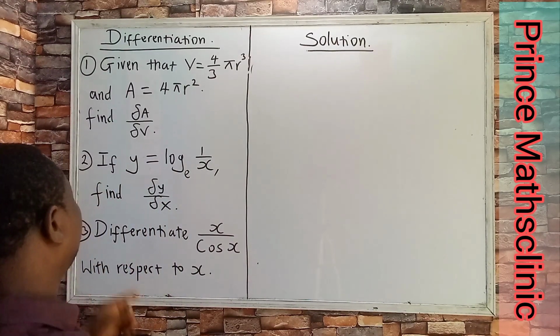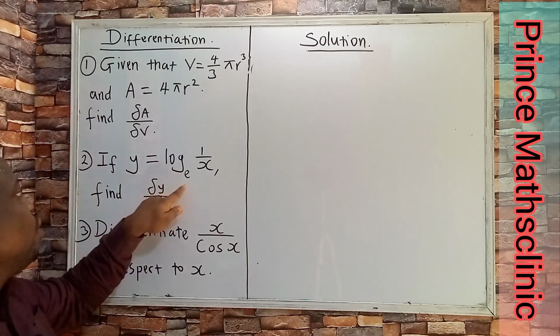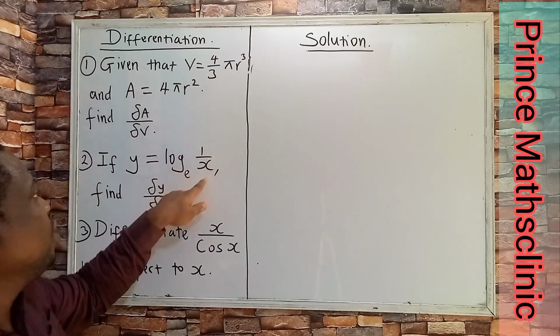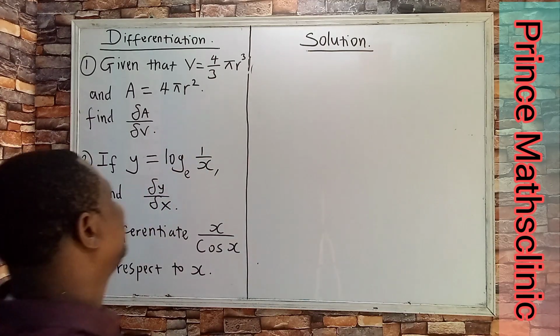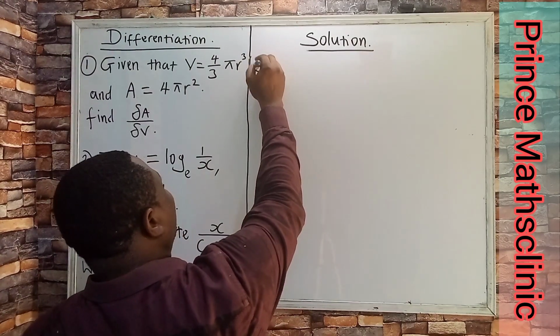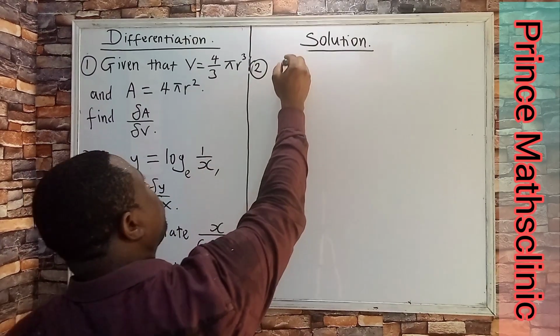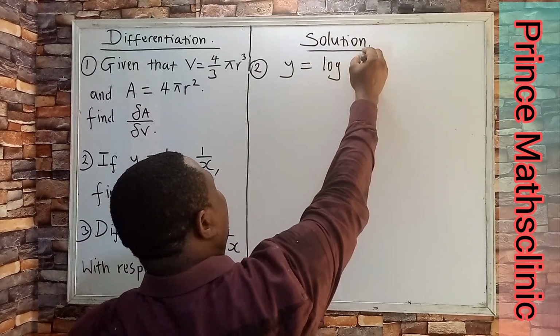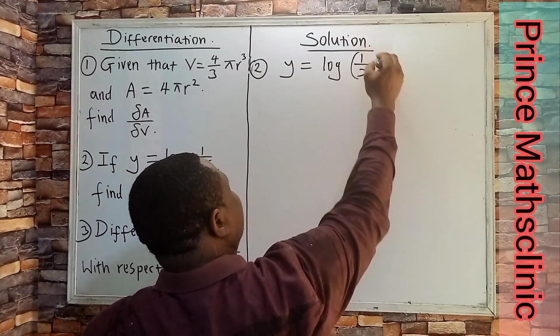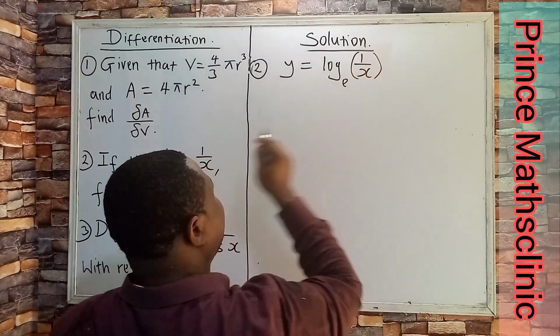Now, the second question says, if y is equal to log of 1 over x in base e, we should find dy/dx. So this is what I'm going to do. y is equal to log of 1 over x to base e.